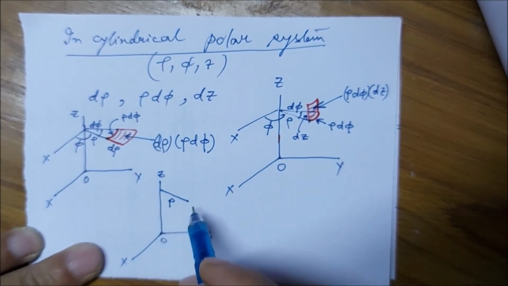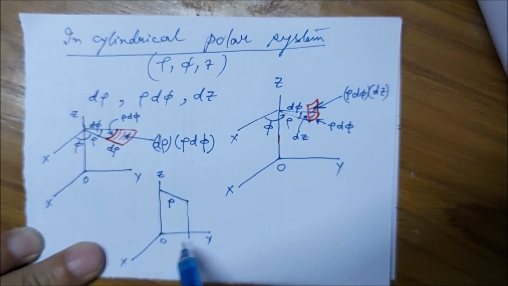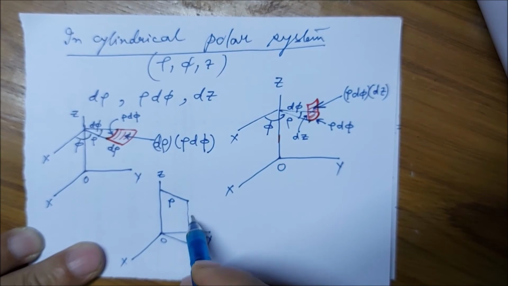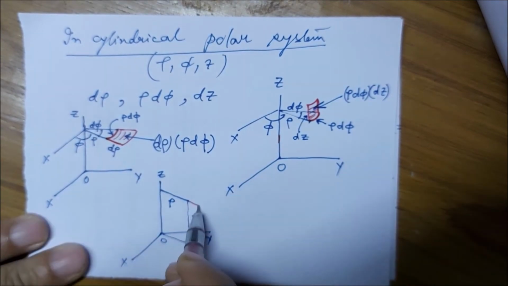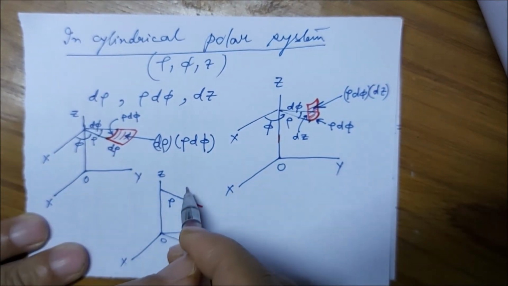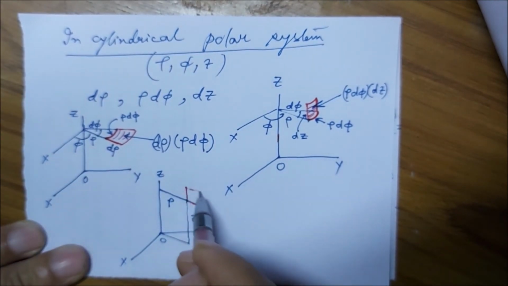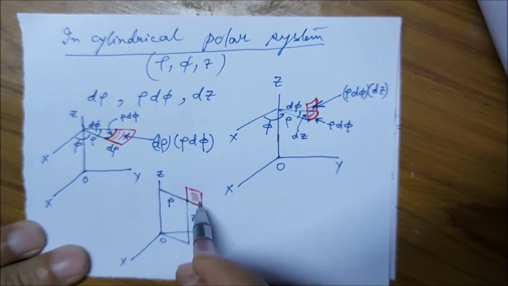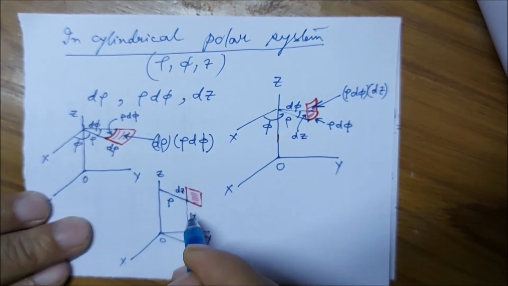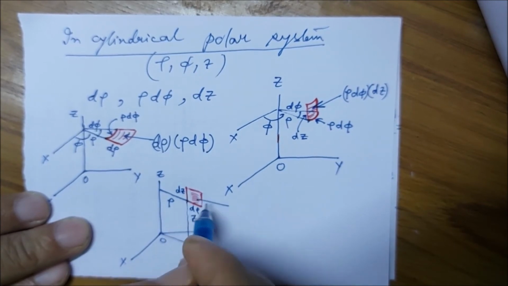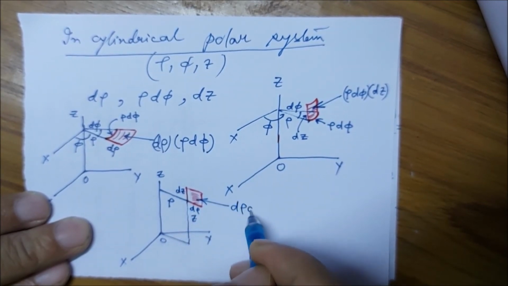So this is rho and this is z. So this is d rho and this is dz. So the surface element is simply d rho dz.